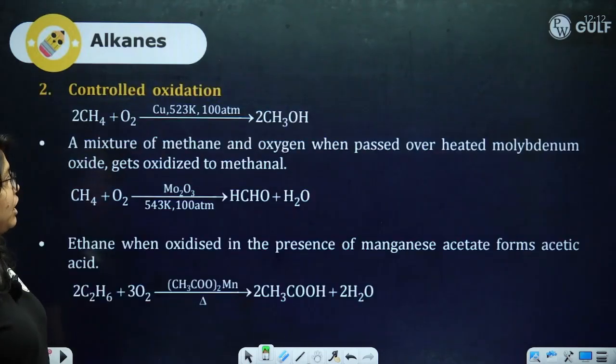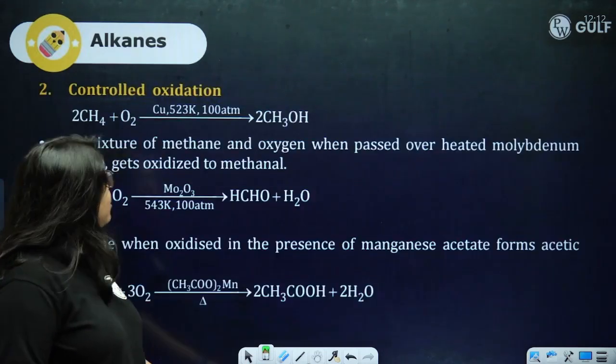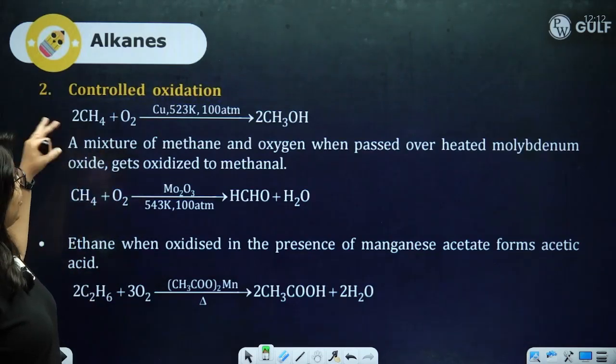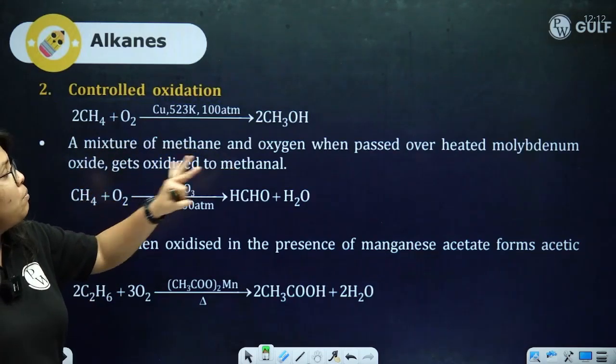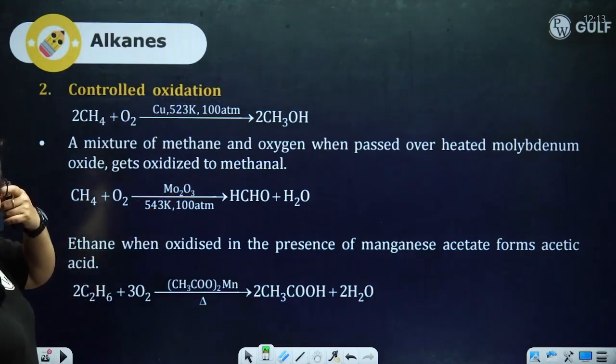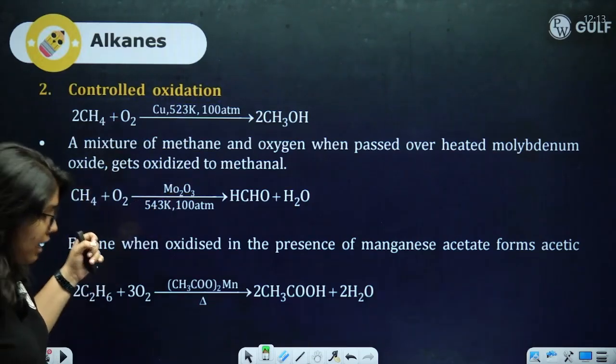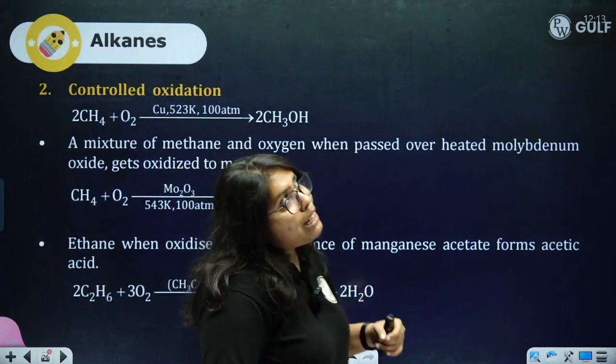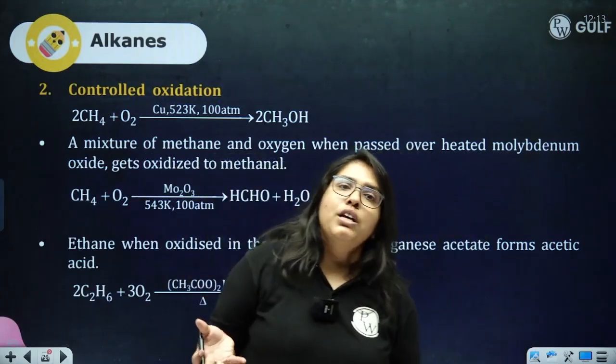Controlled oxidation. Now, beta, controlled oxidation is when a mixture of methane and oxygen is passed over heated molybdenum oxide and gets oxidized to methanol. Basically what they are saying is in controlled oxidation, depending upon the catalyst that you're using, you're getting a different product.